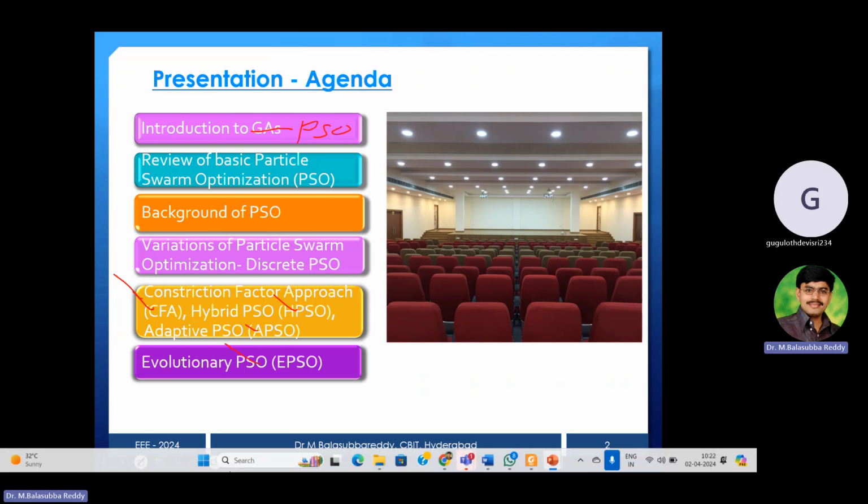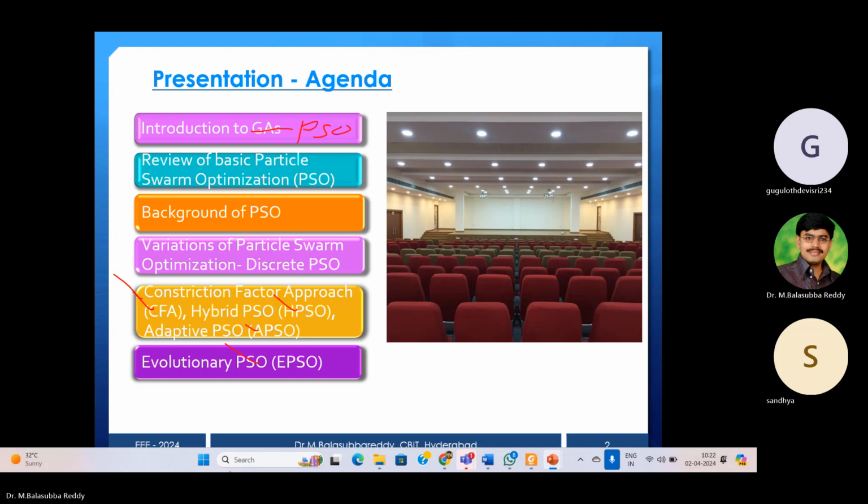After that, research has been going very well because this PSO algorithm is the origin for all the nature-inspired types of algorithms. That is the reason many researchers used this and developed many things.